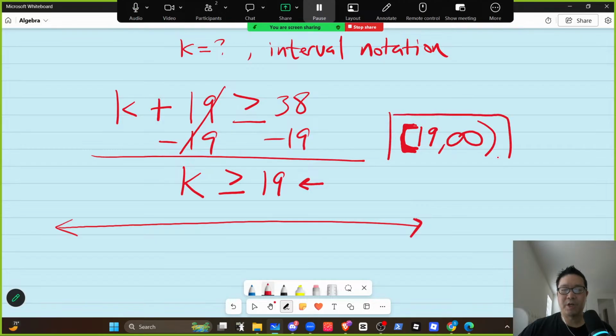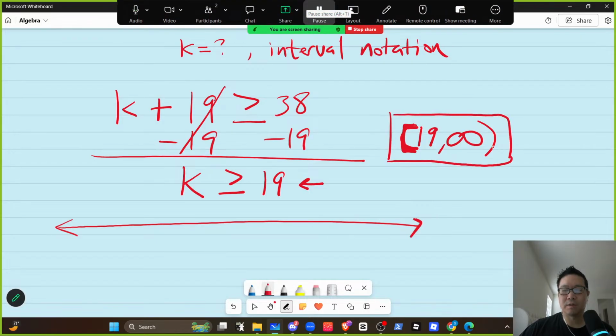But if you have problems going from the interval notation to that, what you can do is graph it. So you have 0 here. You don't have to do the 0, it's just something I do. And then you have 19 over here. You can either rationalize the idea that you have numbers greater than or equal to 19, or you can consider this as an arrow that's pointing in the direction of your graph.